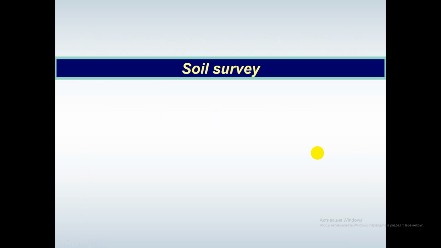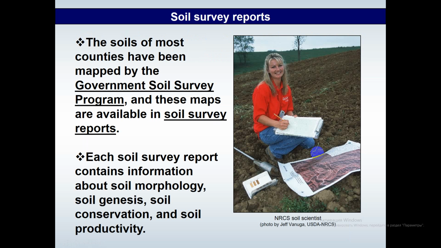Soil survey. Now about soil survey reports. The soils of most countries have been mapped by the government soil survey program, and these maps are available in soil survey reports.